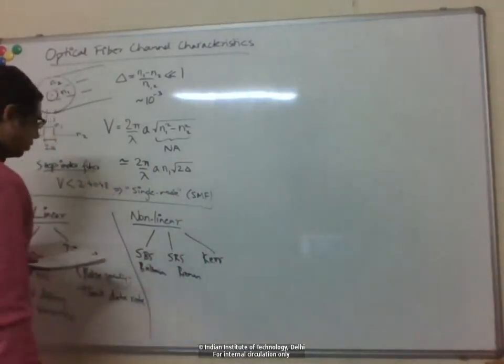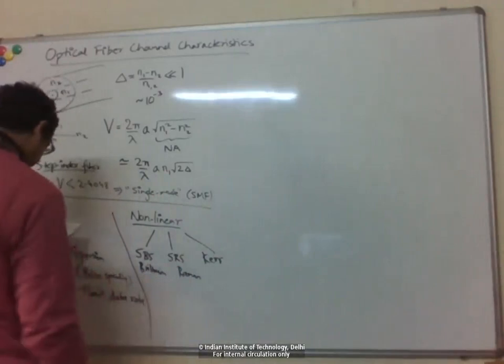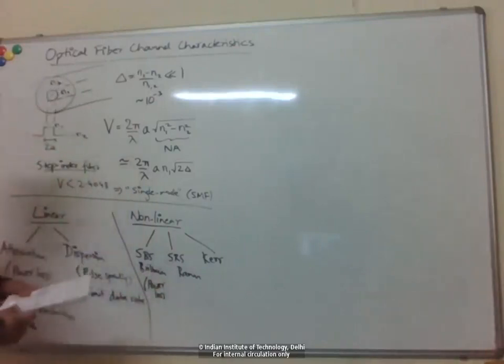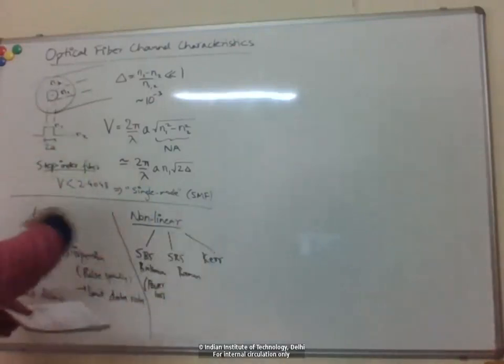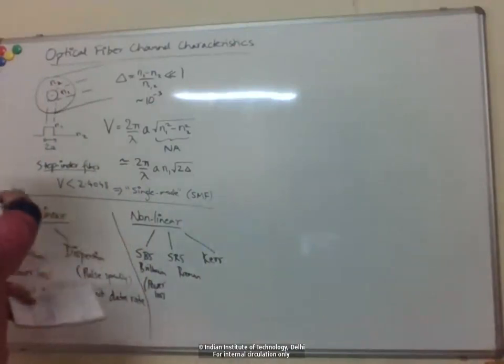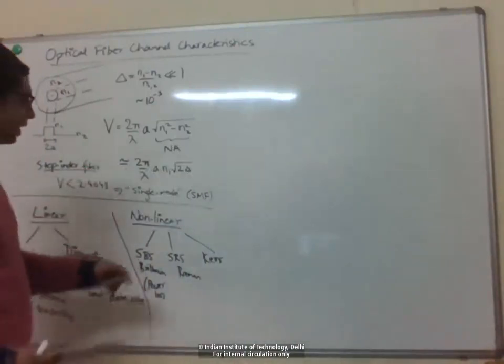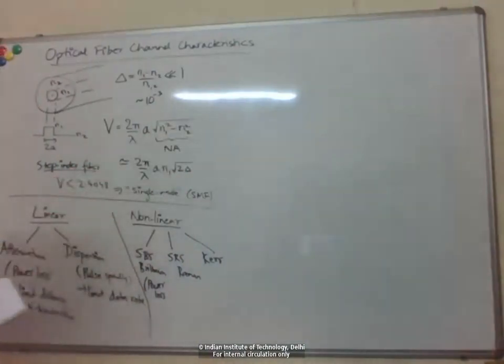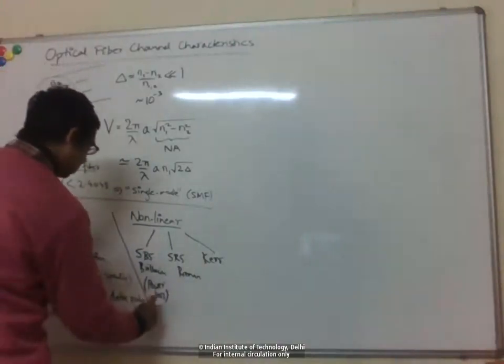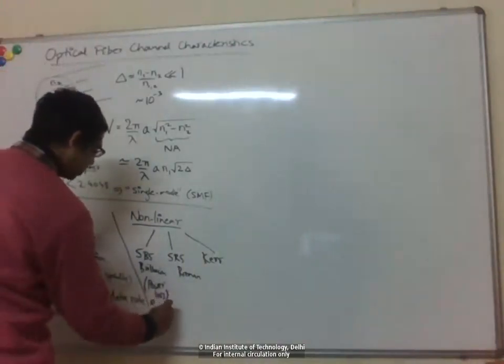Of course we'll discuss each of these in more detail, but basically SBS leads mainly to power loss in the signal. What SBS causes is a back reflection. You send a signal from the transmitter to the receiver, but due to this effect, a fraction of the power is back reflected towards the transmitter itself. Okay, so back scattering.